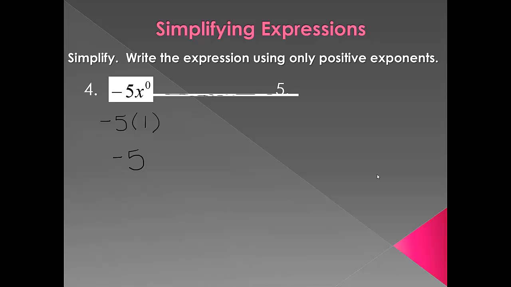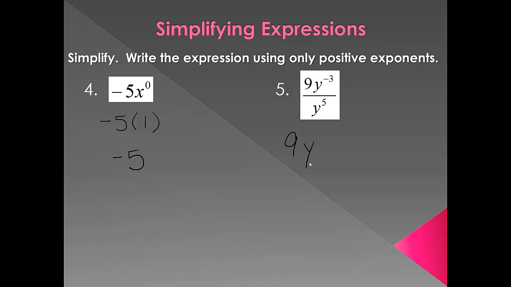And now for number 5, I have 9y to the negative 3rd power divided by y to the 5th power. I can go ahead and use my quotient of powers property to simplify y to the negative 3rd power divided by y to the 5th power. So I have 9, and then I'll have y, which is my base.